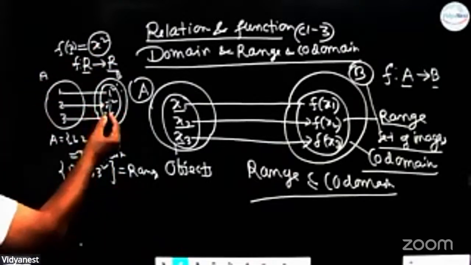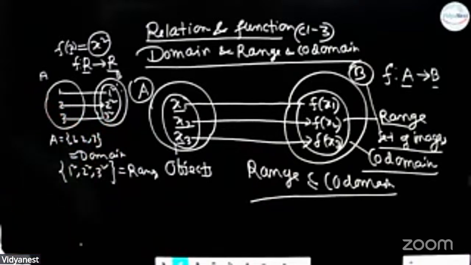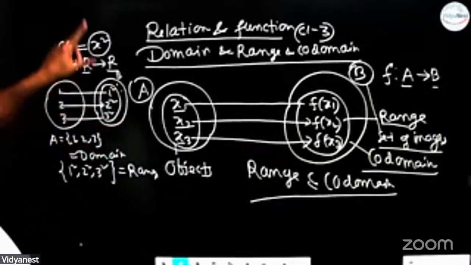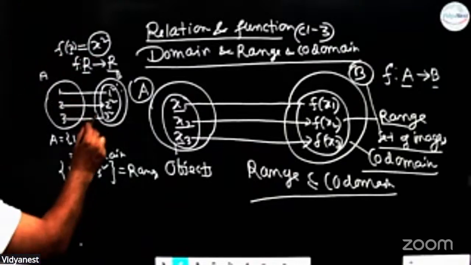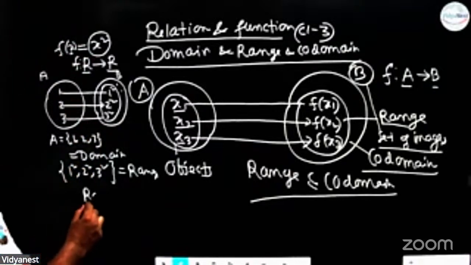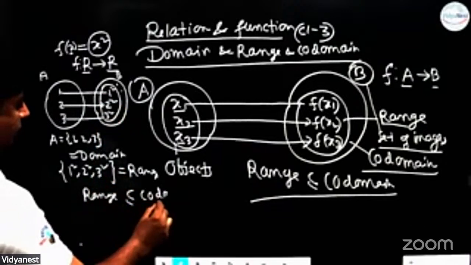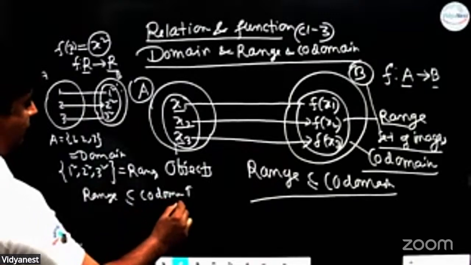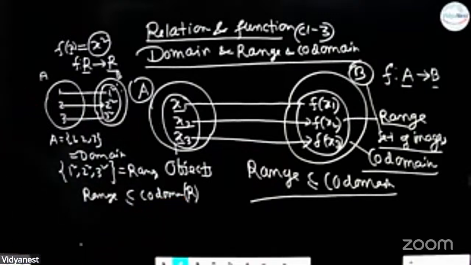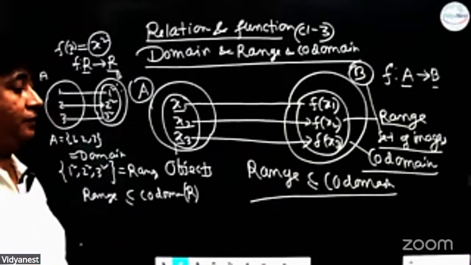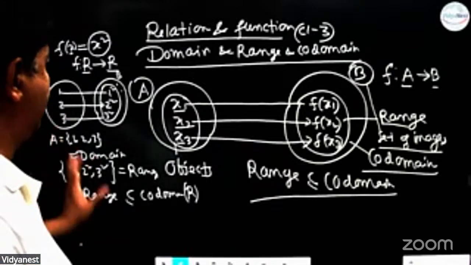So barring these real numbers, there are other real numbers that exist. So clearly range is a subset of codomain. This is the basic definition of domain and range.